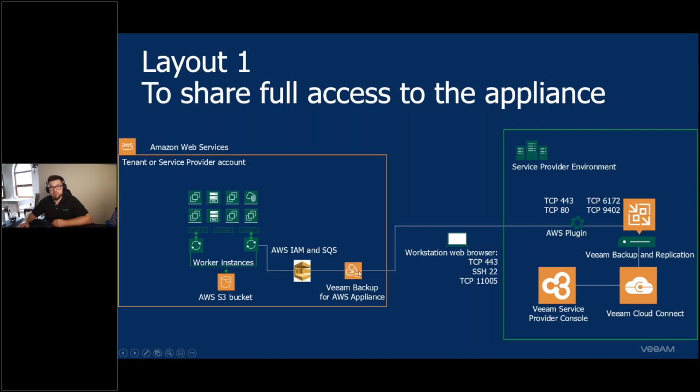AWS IAM and SQS are responsible for connectivity, for accounts, for roles and access to resources which are available to the Veeam Backup for AWS appliance. From the management perspective, you have Veeam Backup and Replication in place with the AWS plugin installed.